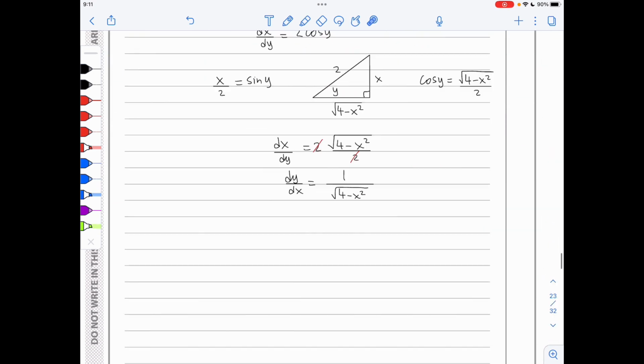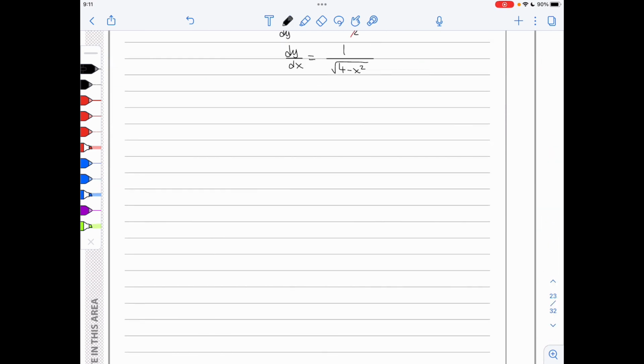So if we start with x is 2 sine y, then we can try to make y the subject. So x over 2 is sine y and therefore arc sine of x over 2 is equal to y. So we know that the derivative dy dx is 1 over root of 4 minus x squared.